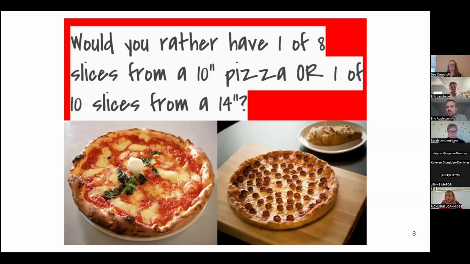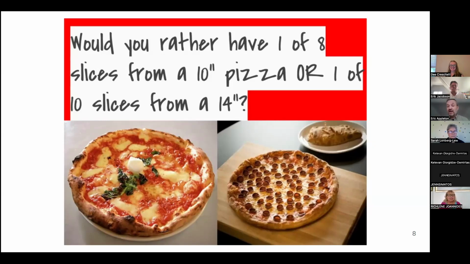I won't argue, but initially it seems like 1 out of 8 is going to be a bigger portion, but no, because I think that 4-inch difference in the pizza makes a big deal. I mean, yeah, 14 inches to the 10 inches makes a big deal. And even though 1 out of 10 theoretically is smaller than 1 out of 8, I think that 4 inches makes a big deal because a 10-inch pizza is a personal sized pie, and anybody can eat that.